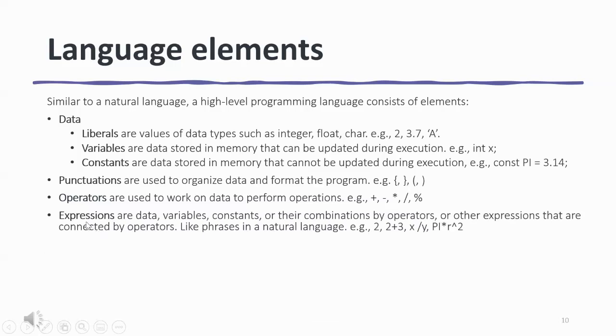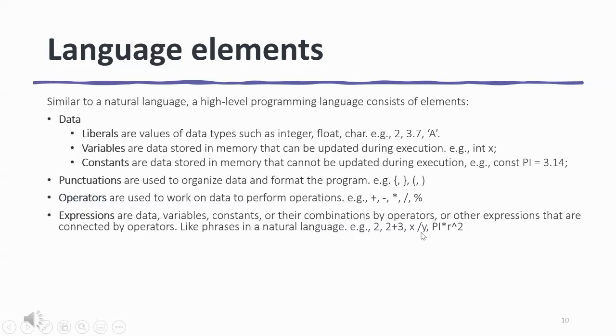And yet another type is expressions. Expressions are data, variables, constants, or their combinations connected by operators, or other expressions connected by operators, like phrases in natural language. For example, number 2 is an expression. 2 plus 3 is an expression.